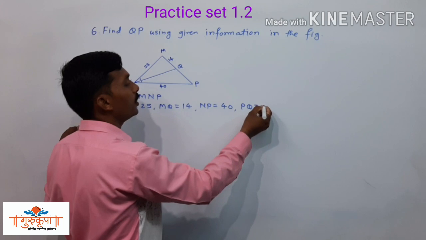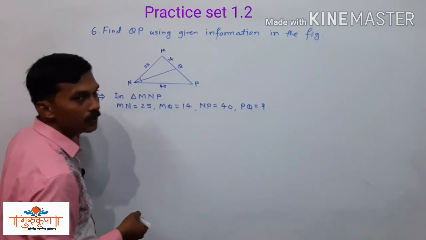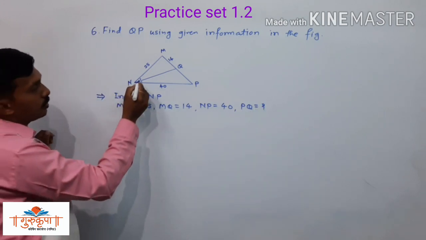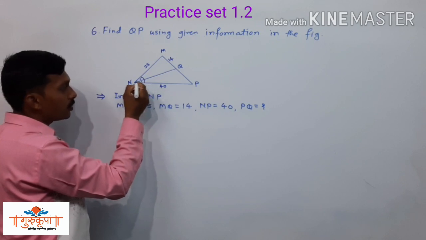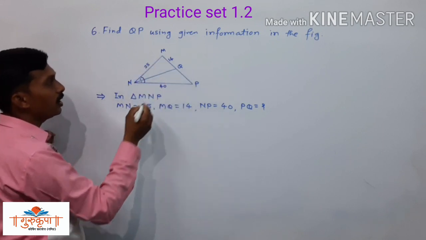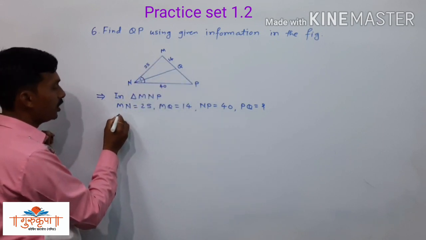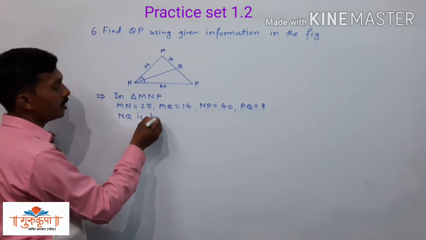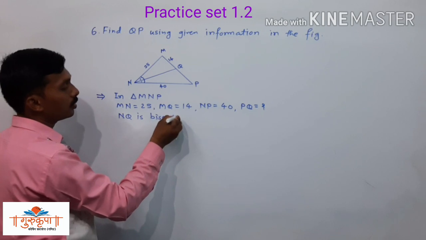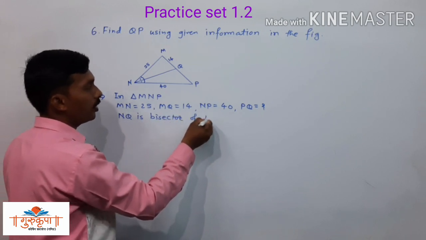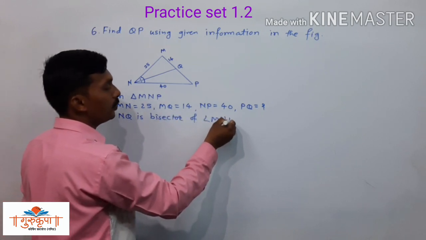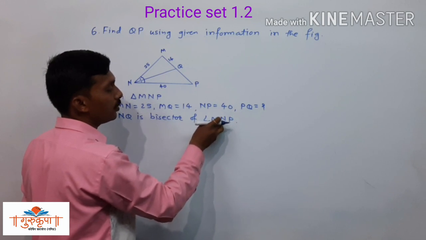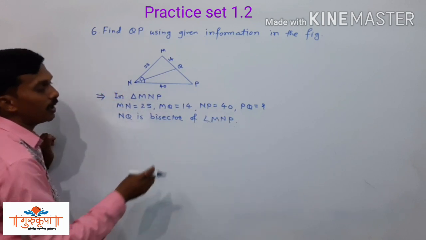We have to find PQ, or you can say it as QP. Now it is also given that this NQ is the bisector of angle MNP. So here you can write NQ is bisector of angle MNP, since we have to use the property of angle bisector there.